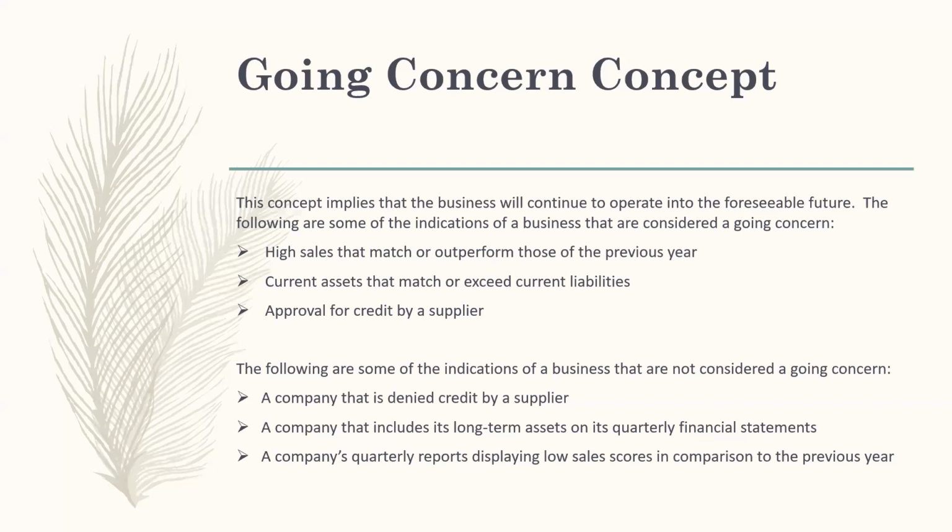The other one is approval for credit by a supplier. If you want to purchase goods from a supplier, someone who provides goods to you to run your business, and that supplier is willing to give you goods, then obviously that supplier must know that you will have money in the future to pay for those goods.